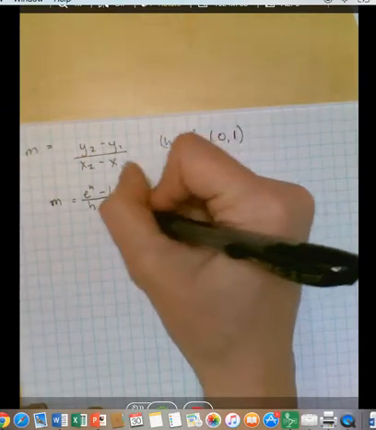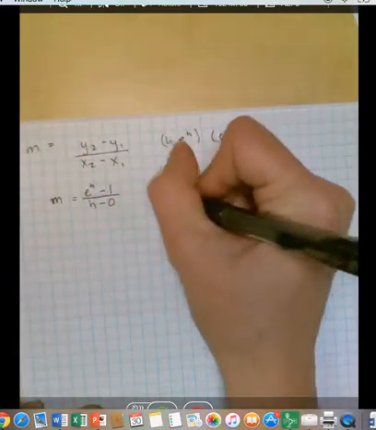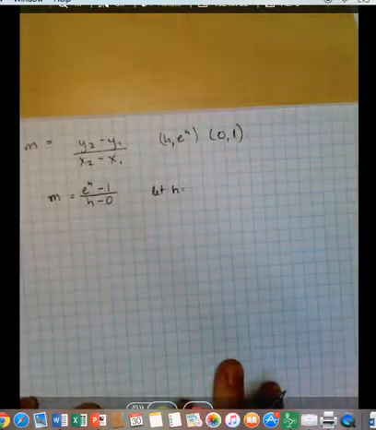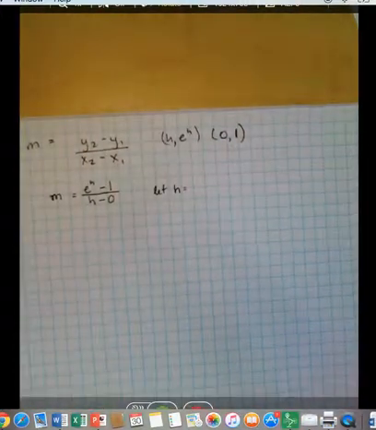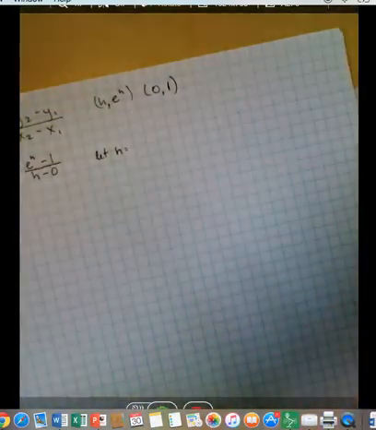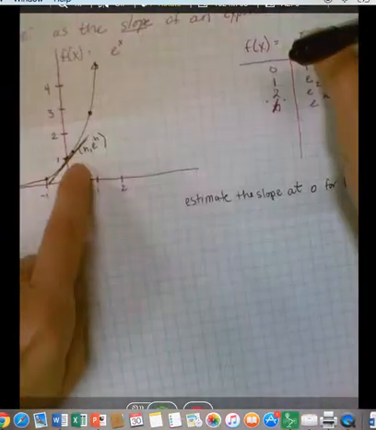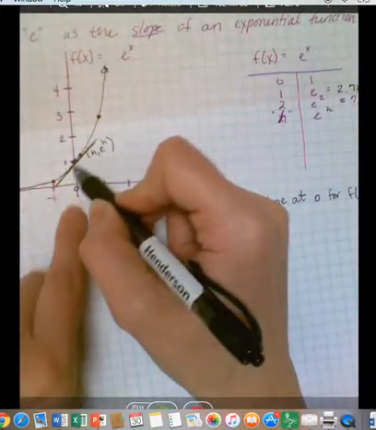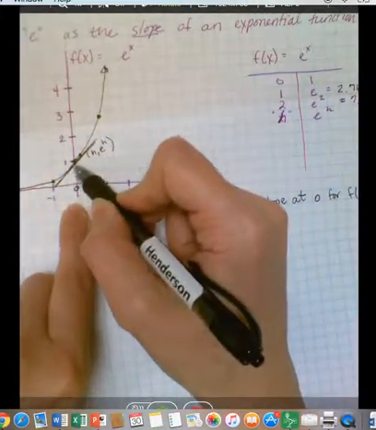So we want h to be as close to 0 as we can get it. Let's look at our graph again. We want h to be as close to 0 as we can get it, so we can try to figure out what the slope is at exactly 0.